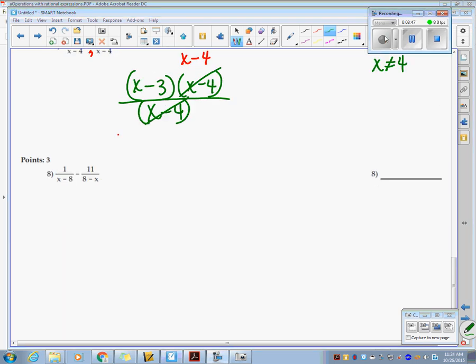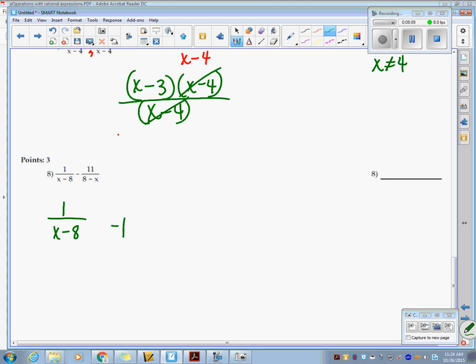Number 8 almost is a common denominator, but not quite. So if I factor a -1 from either the first one or the second one, I'm going to have a common denominator. So I'm going to keep the second one. And I'm going to factor out a -1 from the bottom.